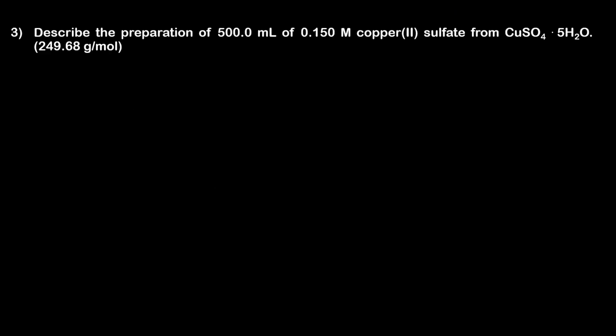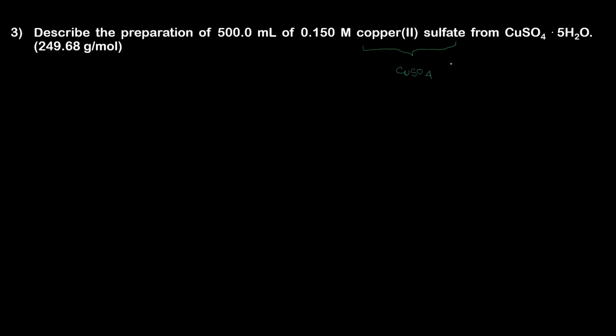Next, describe the preparation of 500 ml of 0.150 molar copper(II) sulfate from copper sulfate pentahydrate with the molar mass 249.68 grams per mole. Most students get confused by this, especially when they don't know how to name a specific compound yet. Copper(II) sulfate is just CuSO4.